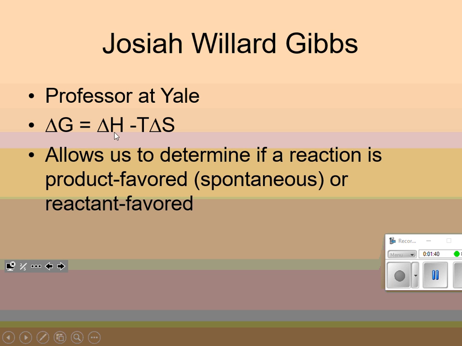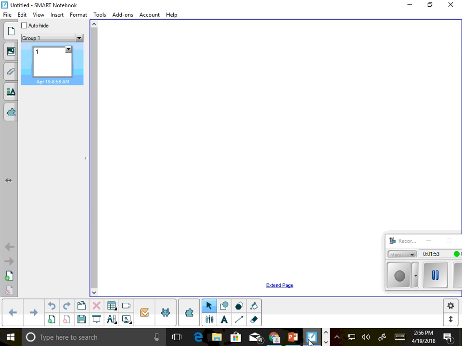The reason for this equation is Gibbs free energy is the ultimate determining factor in whether or not something is spontaneous. So it allows us to determine if something is spontaneous. What I'd like to do is go over to the smartboard and show you something that I know I showed one of my classes before.